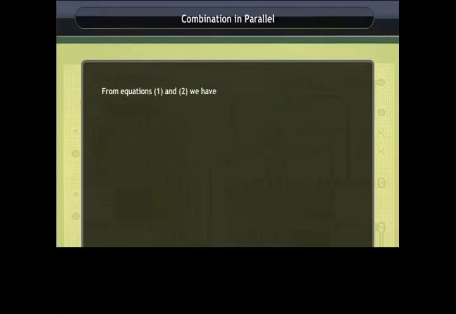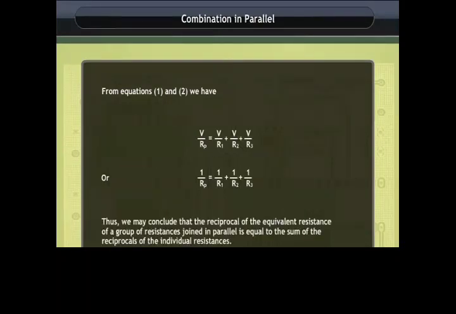From equations 1 and 2, we have V/Rp = V/R1 + V/R2 + V/R3, or 1/Rp = 1/R1 + 1/R2 + 1/R3. Thus we may conclude that the reciprocal of the equivalent resistance of a group of resistances joined in parallel is equal to the sum of reciprocals of the individual resistances.